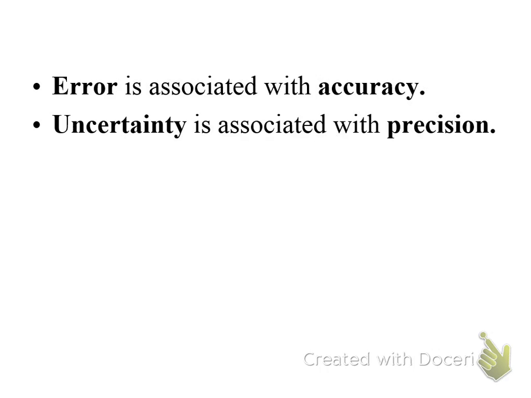Now we're switching from darts to measured quantities. A lot of times we know what the real value is. How far you are off from the real value is error. There are different ways of expressing error.